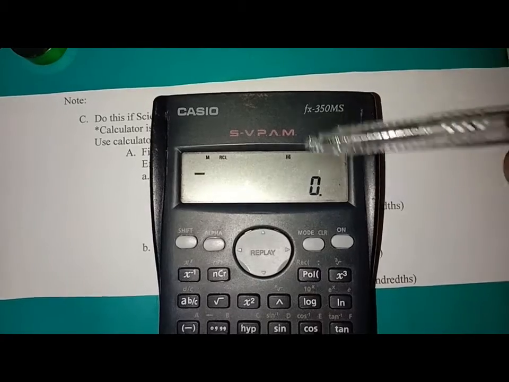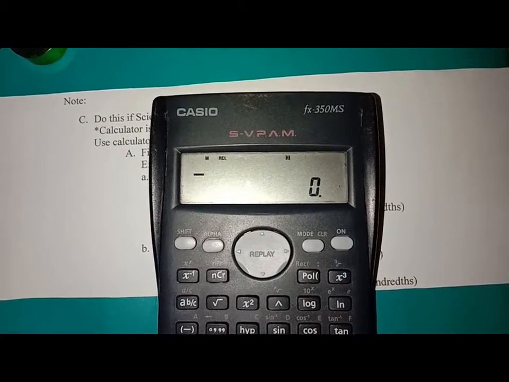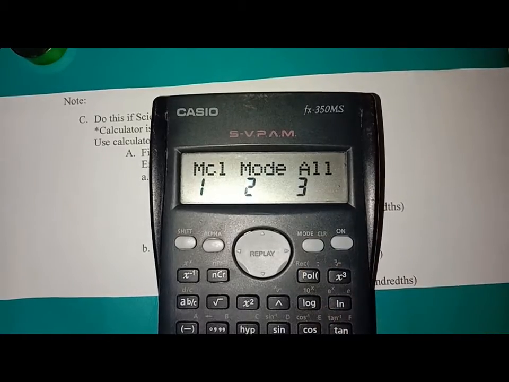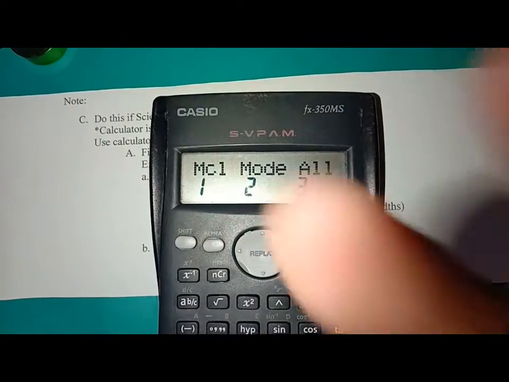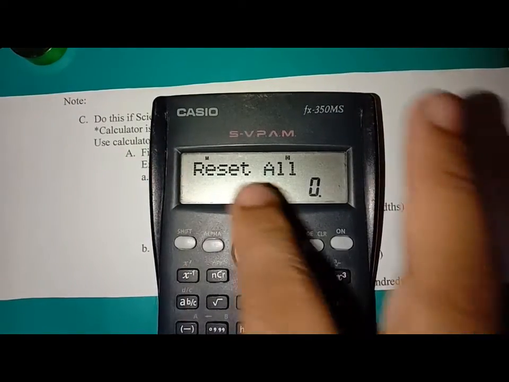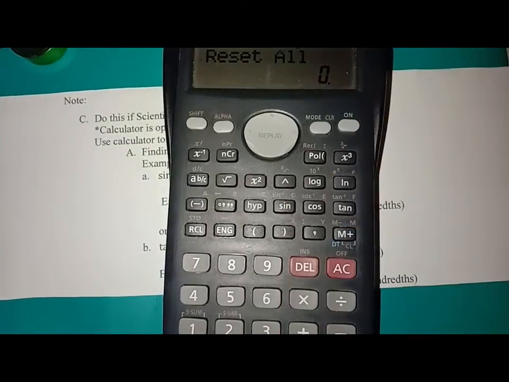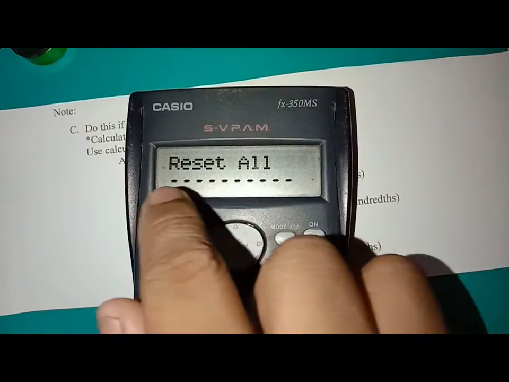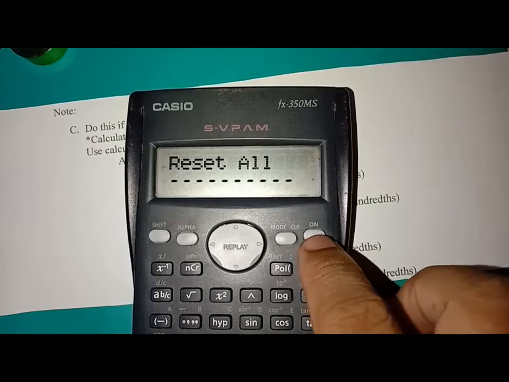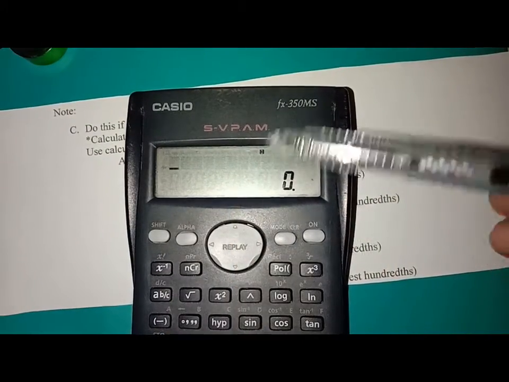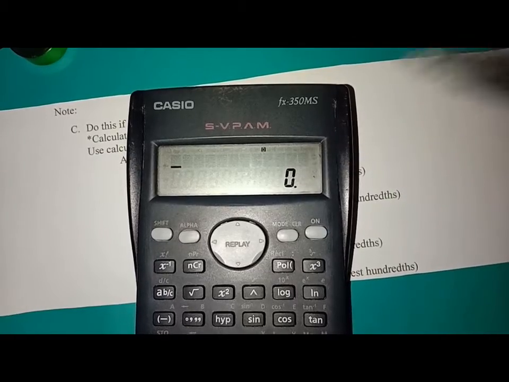So you set it to D. How to set this to D? Press shift, then mode, then first you're going to format this one. Press 3, then reset all, then press equals. After reset all, you will see the dotted lines, then press the on button. It will automatically go to the default mode. The default mode of the calculator is D.